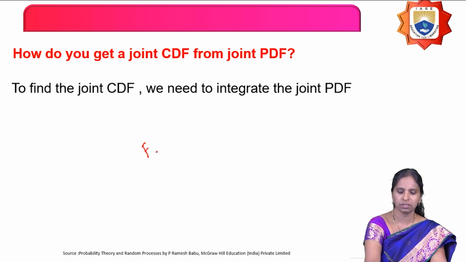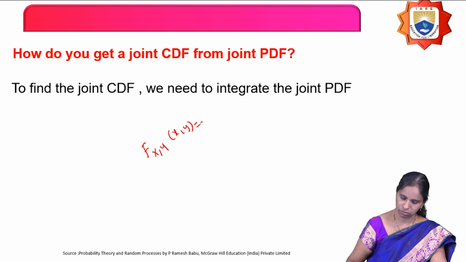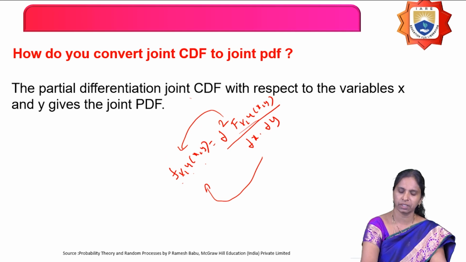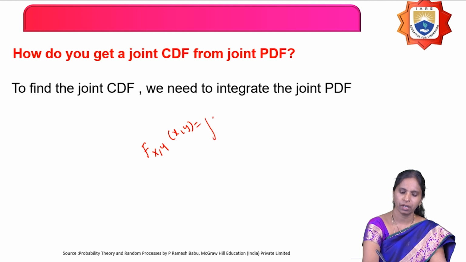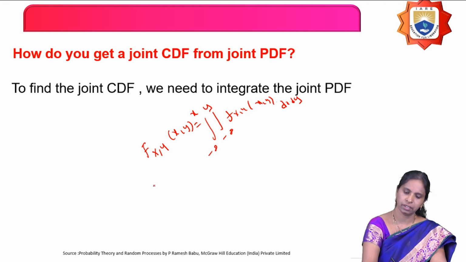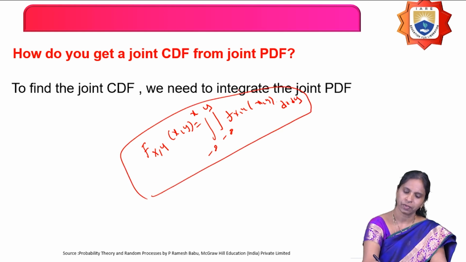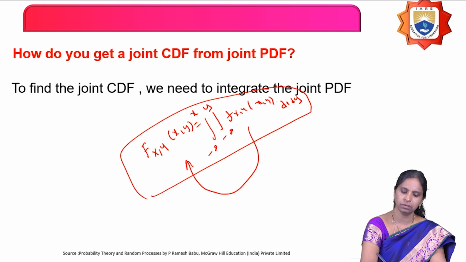Here we took the differentiation for converting, and for reversing you have to take the integration: the integral from minus infinity to x, the integral from minus infinity to y, of f_XY(x, y) dx dy. That is converting the joint PDF into the joint distribution function.